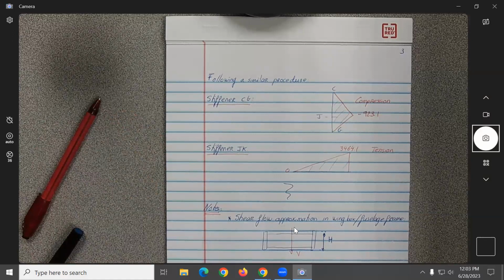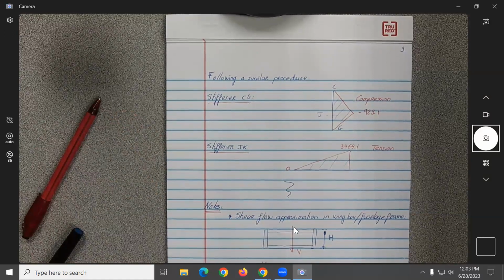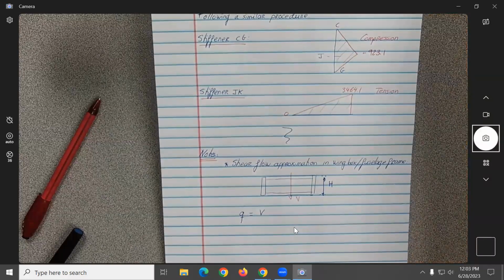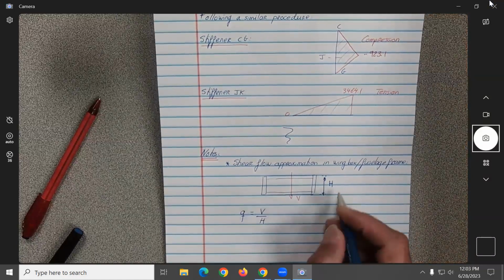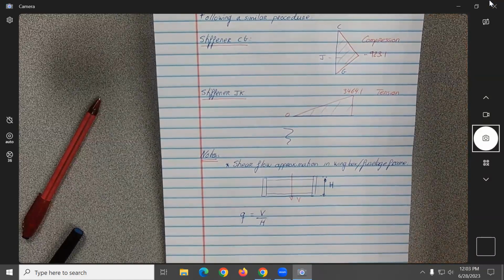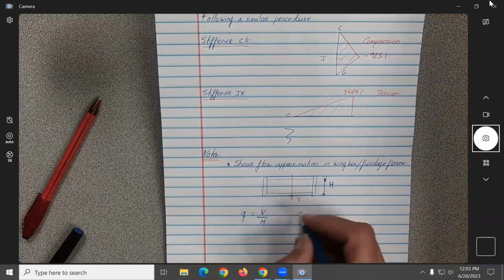It is force per unit length, no? So Johnny, you tell me what is a good estimate. This is what almost everybody does all the time, and I know that's what they teach you, and it's fine. So the shear flow over here would be the value of the force divided by the distance it goes, V over H, no? This is shear flow.